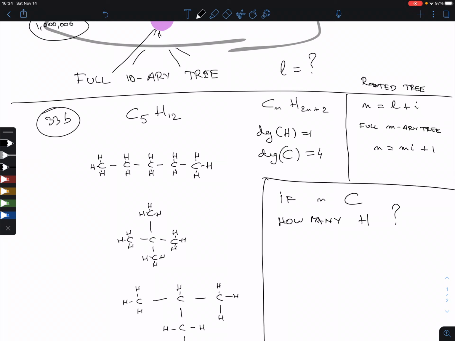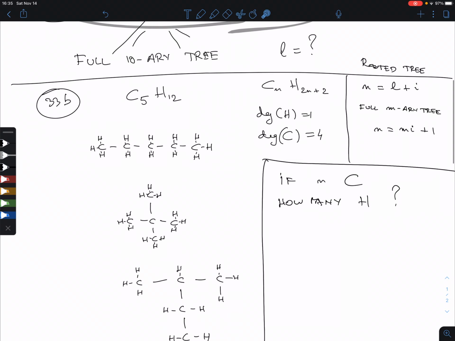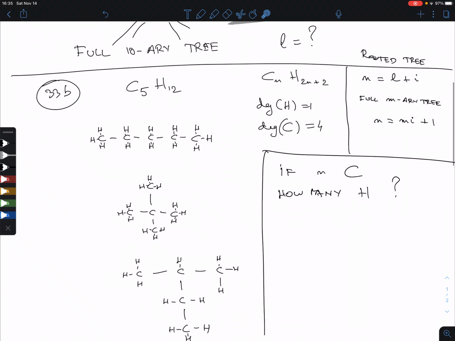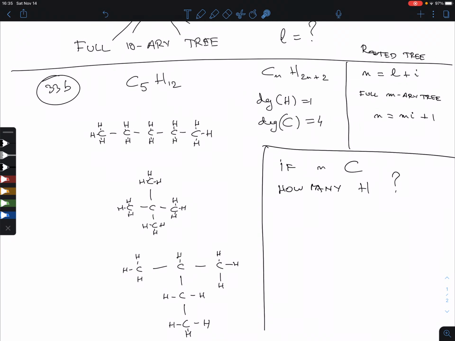So if we want to use this formula, we have to turn these trees into rooted trees. We have here 3 possibles, and without proof we accept that they are the 3 only ones.